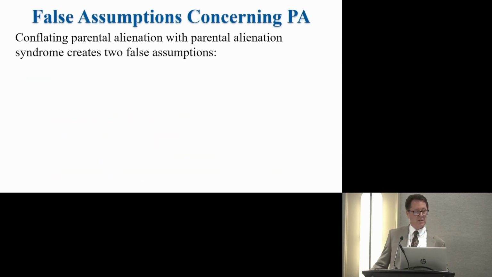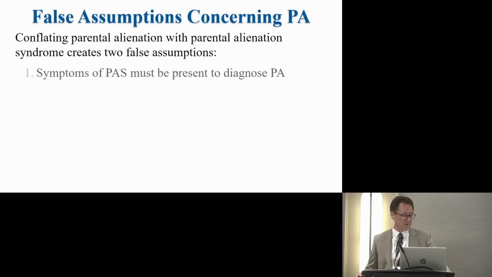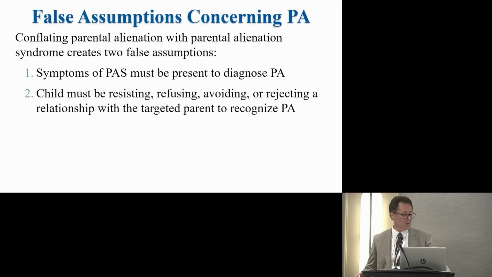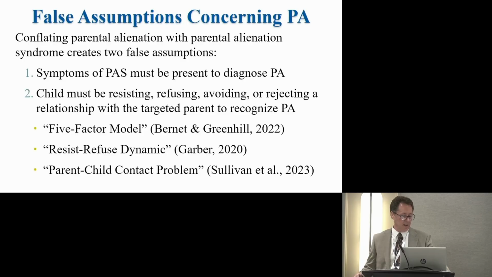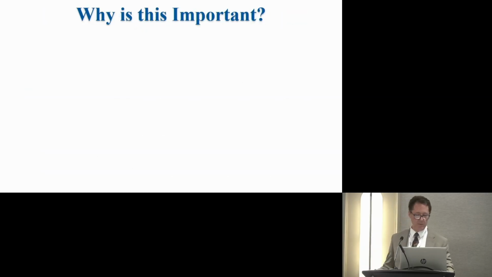So these are the false assumptions when we conflate parental alienation with parental alienation syndrome under the term parental alienation. Conflating them creates 2 false assumptions. 1, symptoms of PAS must be present to diagnose PA. 2, the child must be resisting, refusing, avoiding, or rejecting a relationship with the targeted parent to recognize parental alienation, i.e. the 5-factor model, the resist, refuse dynamic model, and most recently, the parent-child contact problem model.